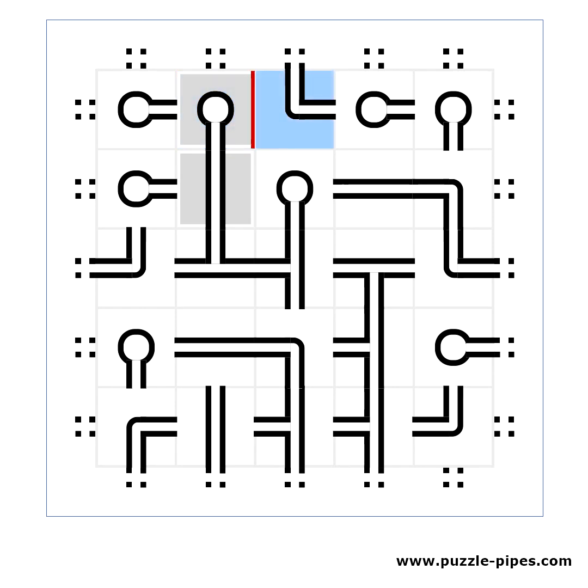Now take a look at this piece. It cannot connect to the left, so it has only two possible orientations. It could be either like this, or like this. As you can see, in both cases a pipe goes to the right. So we can say for sure, that this piece should point to the left.